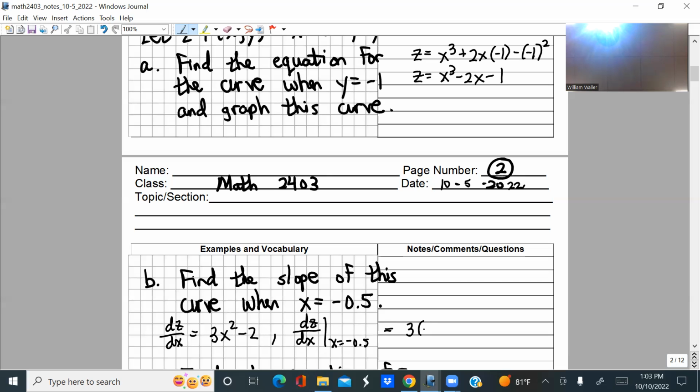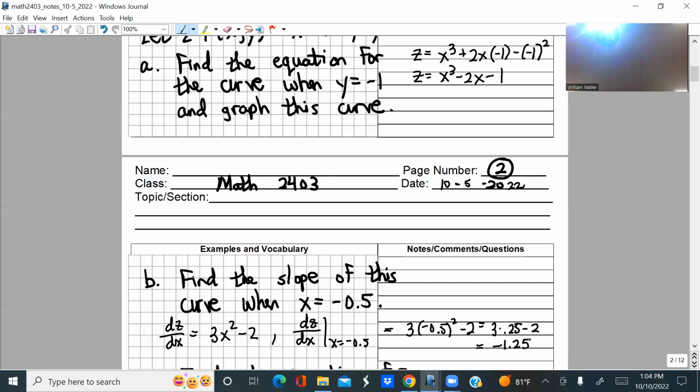That's 3 times minus 0.5 squared, and then minus 2. 3 times minus 1/2 squared is 0.25, right? 3 times 0.25 minus 2. So we get minus 1.25. All right.